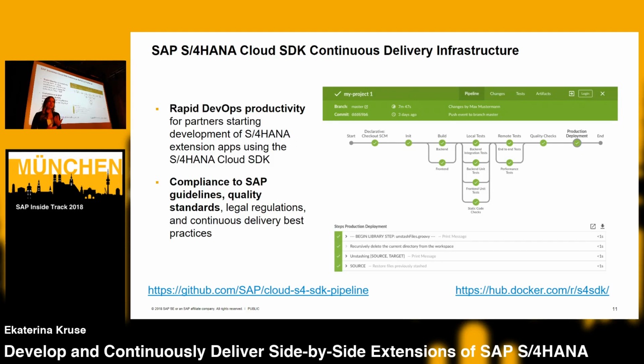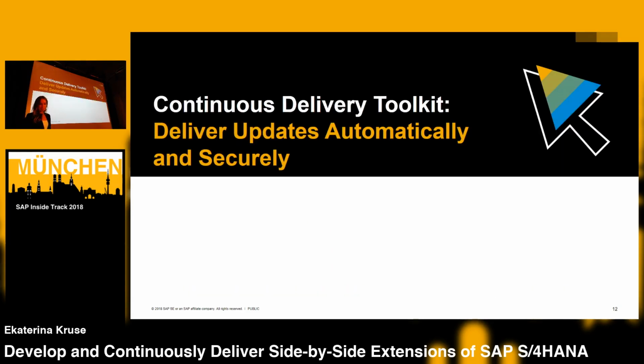And in this continuous delivery pipeline, there are some phases that you can execute, including the quality checks that we recommend for Java and JavaScript code, which can later be useful when somebody does the premium certification or certification of the application.